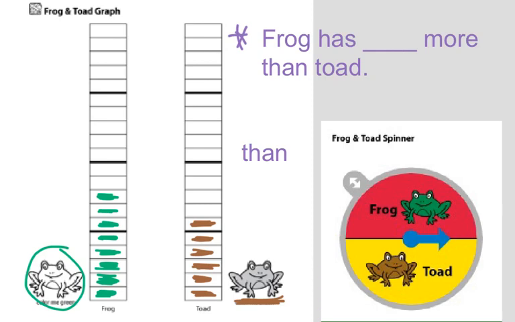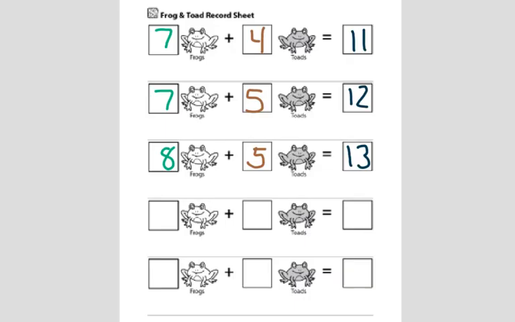Let's go ahead and use the information from our graph to fill in our number sentence on our collection sheet. So far, we have 7 plus 4 equals 11. 7 plus 5 equals 12. And 8 plus 5 equals 13.